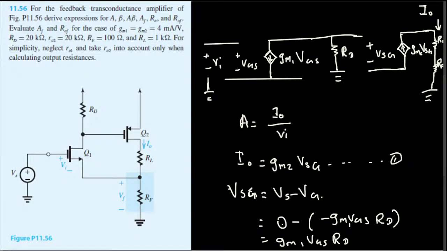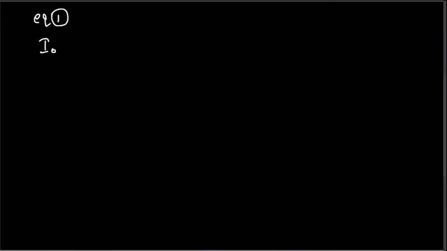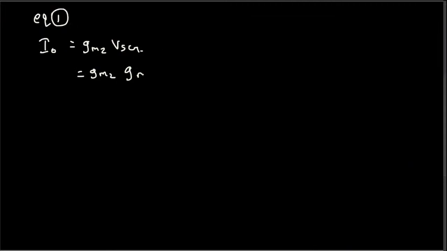Bringing equation number 1, I naught is equal to GM2 times VSG, and VSG is GM1 VGS times RD. Okay, this is the I naught expression.